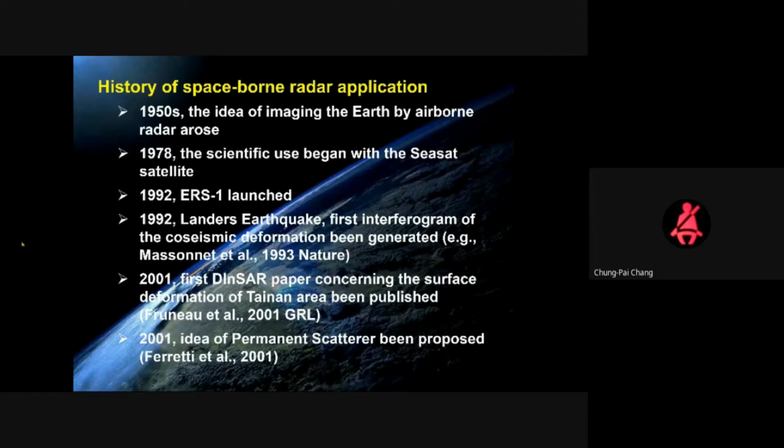ERS-1 was launched in 1992, and a large earthquake occurred in California. The name of this earthquake is the Landers earthquake. The team leader was Massonnet, and they used one image acquired before the earthquake and another image after the earthquake, compared the phase of these two radar images, and calculated the phase difference between them.